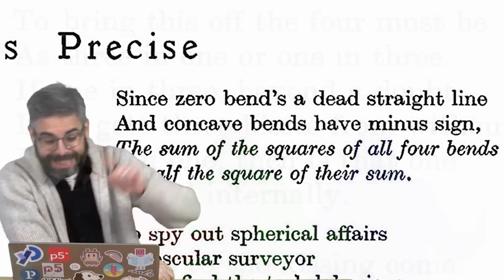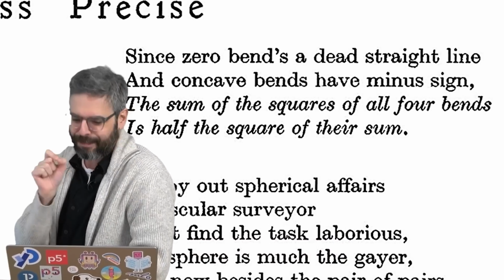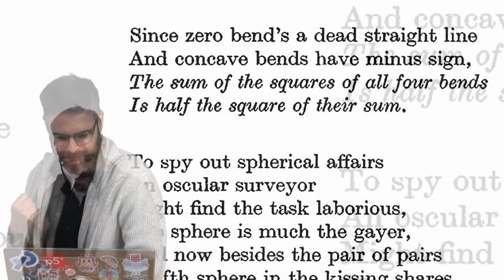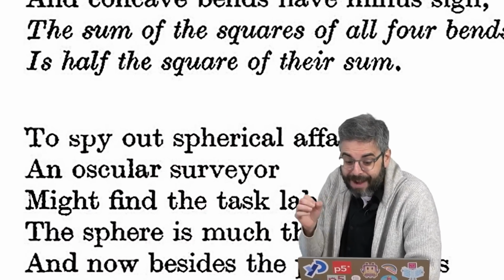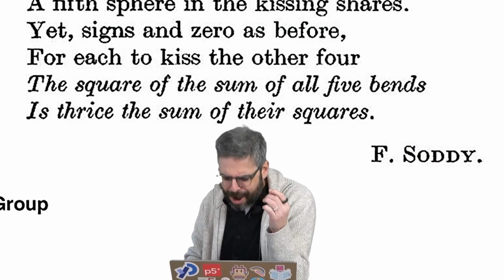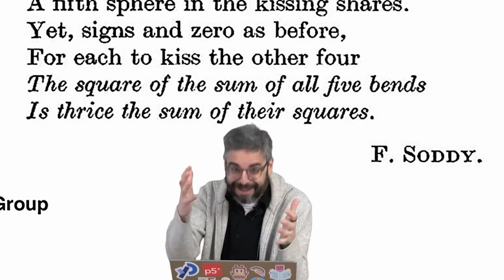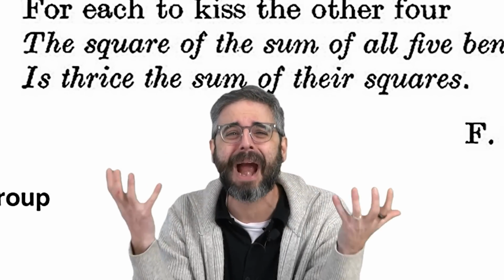Since zero bends a dead straight line, and concave bends have minus sign. The sum of the squares of all 4 bends is half the square of their sum. Kiss the other 4. The square of the sum of all 5 bends is thrice the sum of their squares.